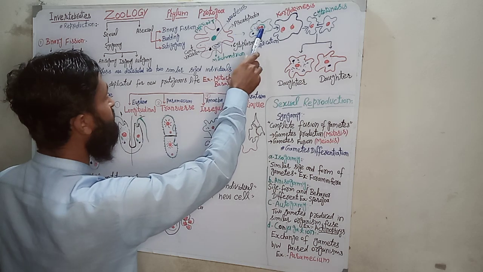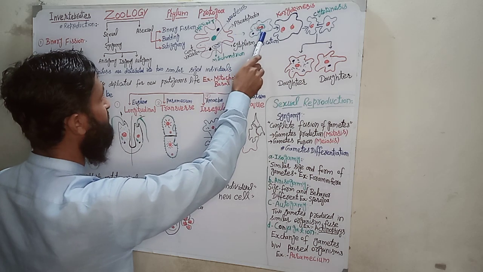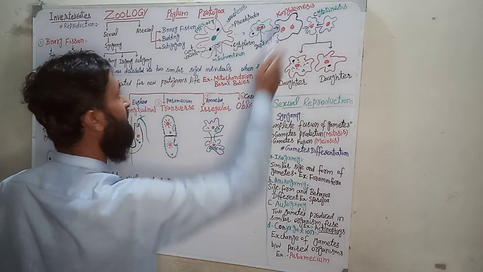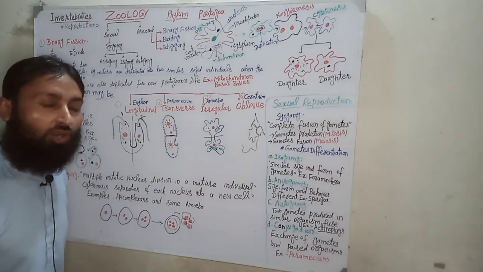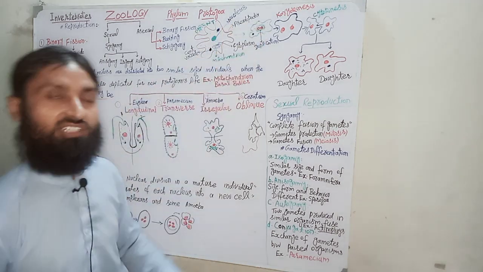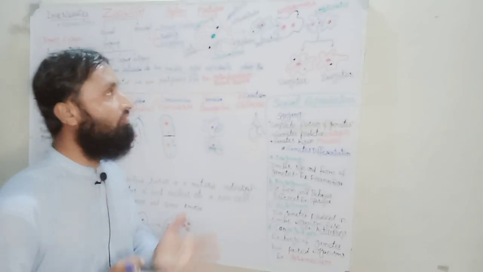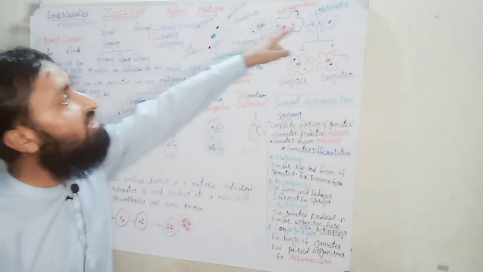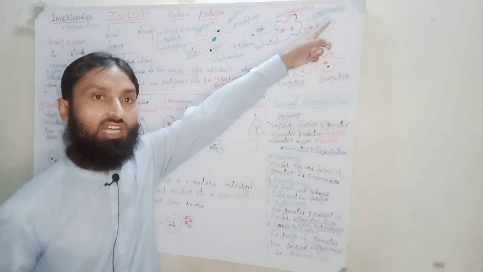Here are 2 nuclei, and these 2 nuclei are separating from each other by karyokinesis. You know that karyokinesis means division of the nucleus. So after the karyokinesis, finally the cytokinesis occurs.